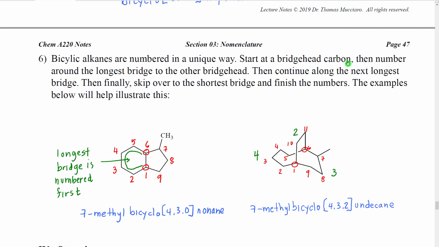Then we continue from that carbon with the next number in sequence to the next largest bridge. That should get us back to our initial bridgehead. Then from that initial bridgehead, we jump up, continuing the numbers to any other atoms that are in the third bridge.